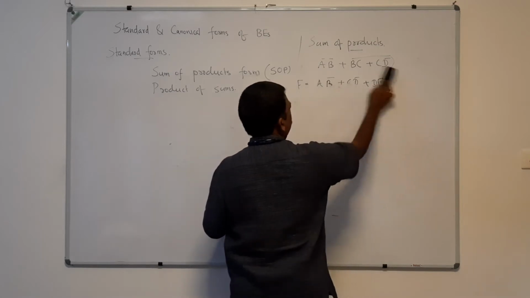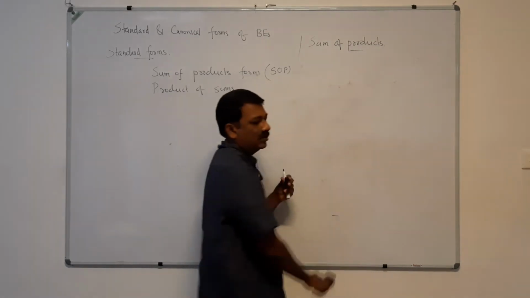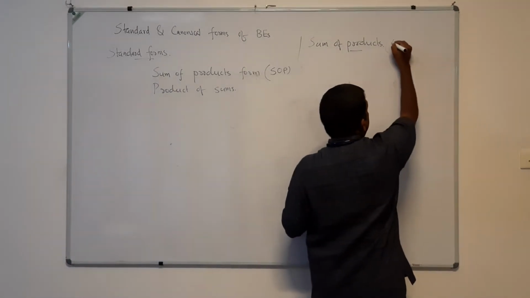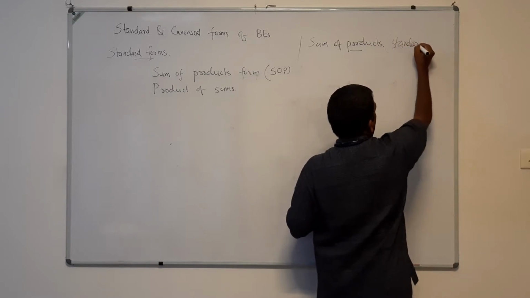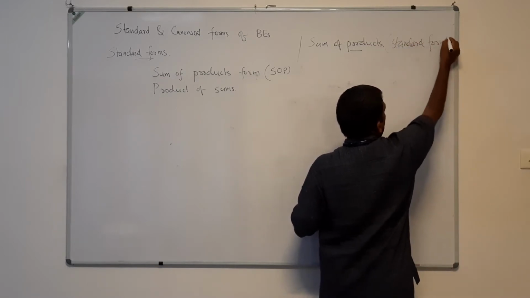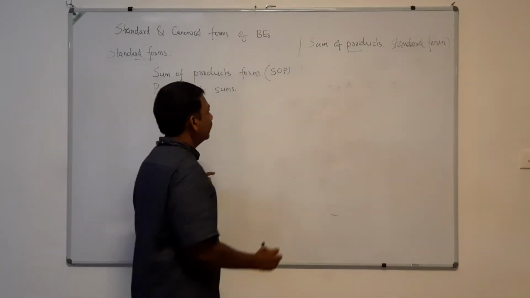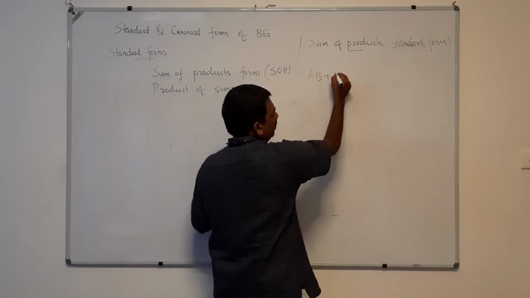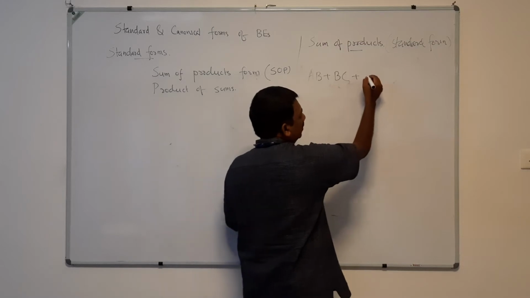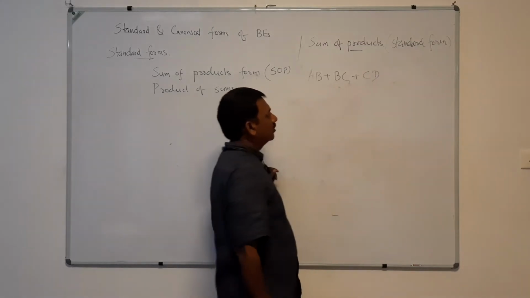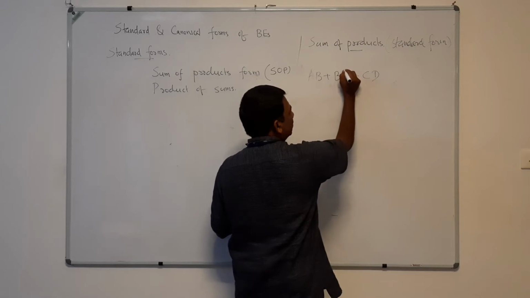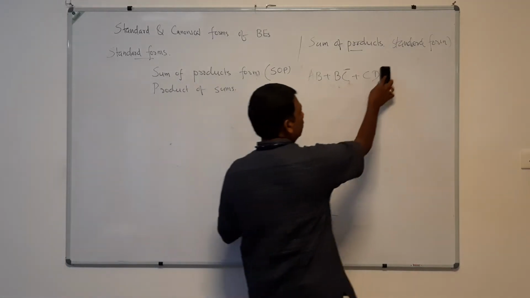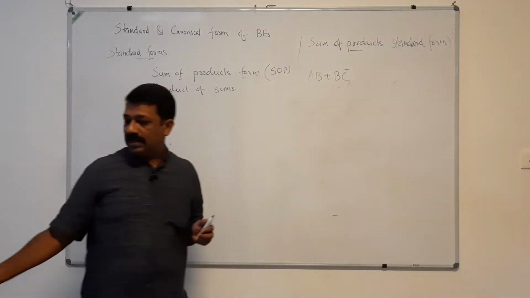Now, the standard form of the sum of products form. See, suppose that you have AB plus BC plus CD, or AB plus BC bar. A simple example I am going to take is AB plus BC bar.